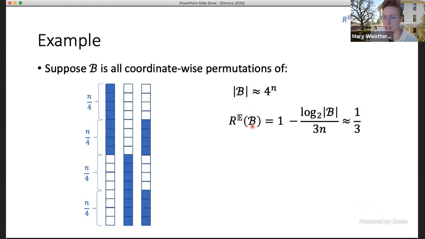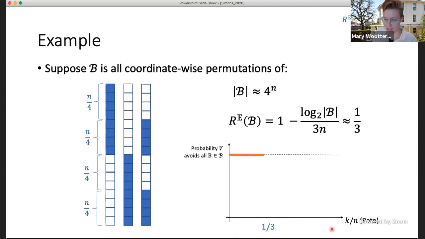Then the expectation threshold is just plugging in what we got when we did that computation from the previous slide: 1 minus the log base 2 of the size of B divided by 3n, which is roughly 1/3, using the fact that the size of B is roughly 4 to the n. Okay, so that tells us that we have this picture here. If I back off by a little bit from 1/3, so look at subspaces of dimension a little bit less than n over 3, I'm with really high probability going to avoid all of the triples that look like this.